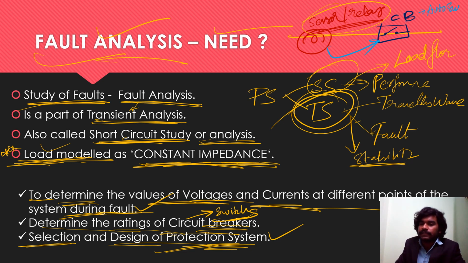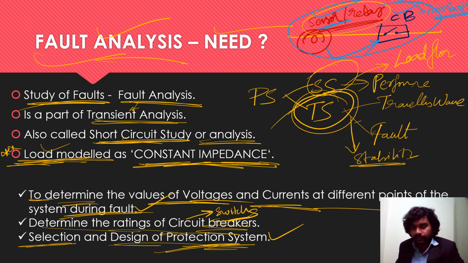It's an auto switching device. It operates upon receiving a signal from this sensor. So you're automating a power system to protect it. How are you automating? By placing a relay or a sensor in combination with a circuit breaker. If the relay detects anything wrong, then the circuit breaker will operate in order to disconnect the system.